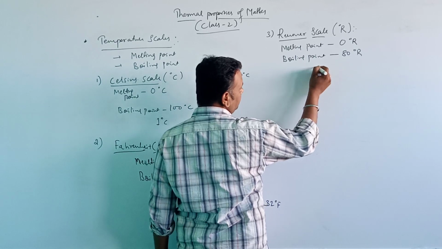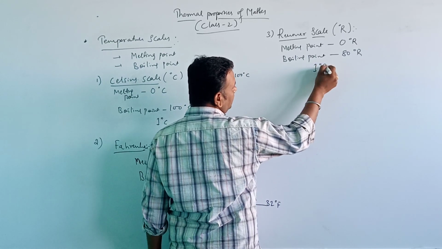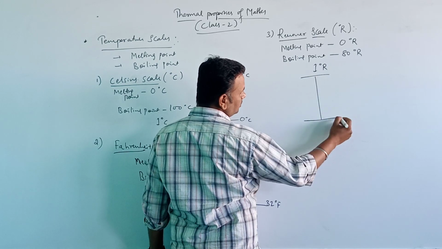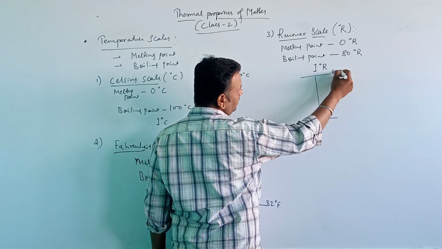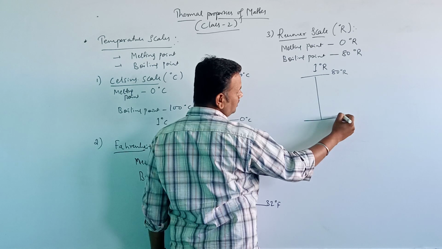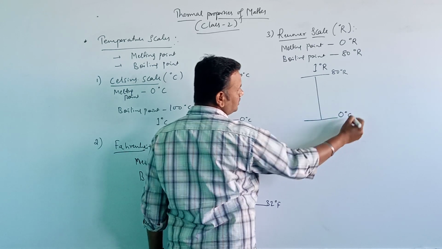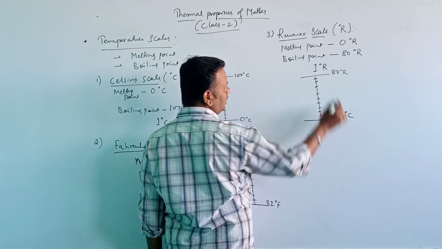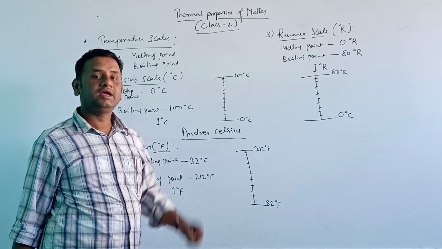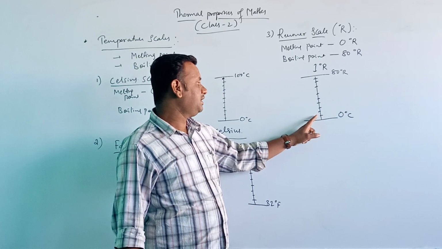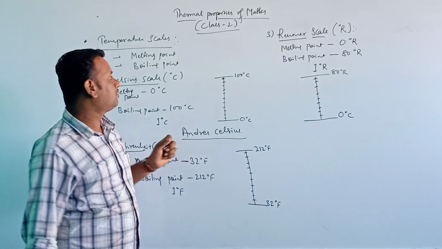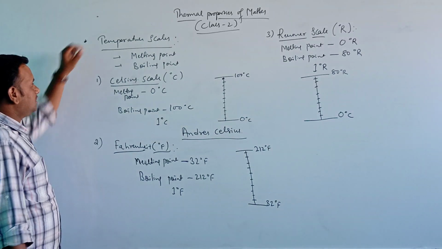Each division is 1 degree Reaumur. So in between 0 and 80 degrees Reaumur, we have 80 divisions, and each division is 1 degree Reaumur. So this is all about the temperature scales.